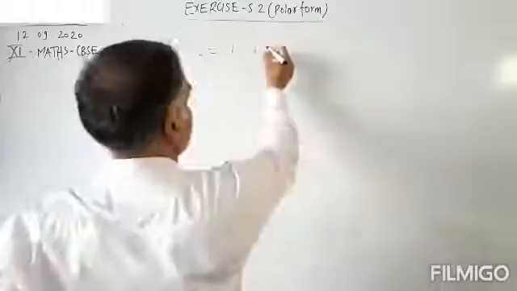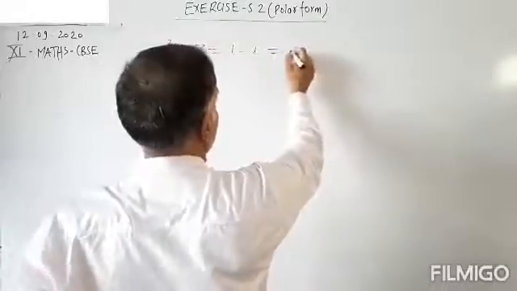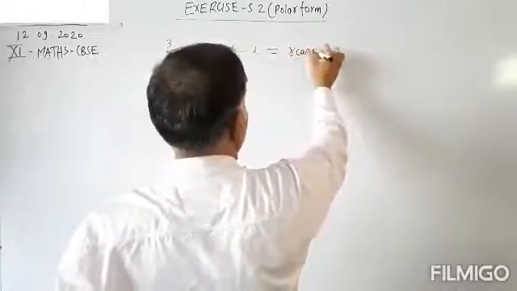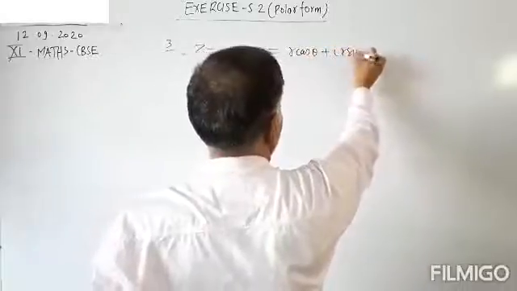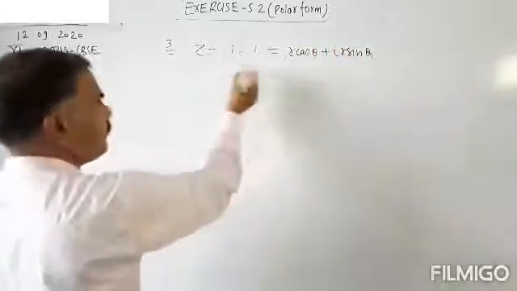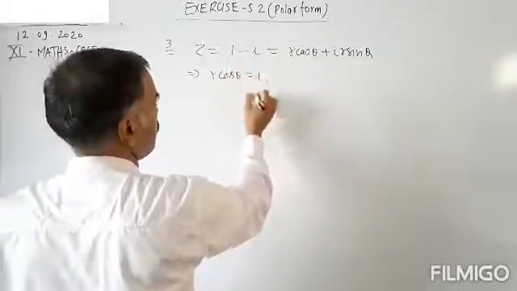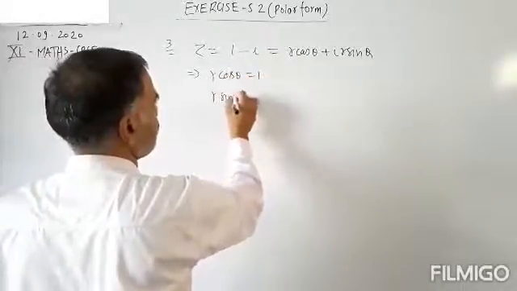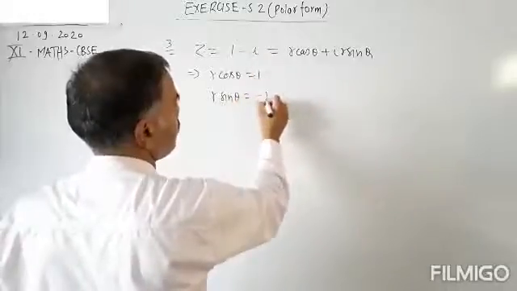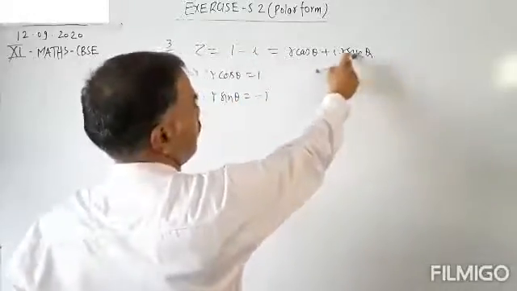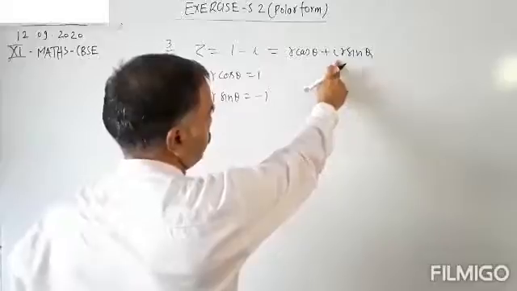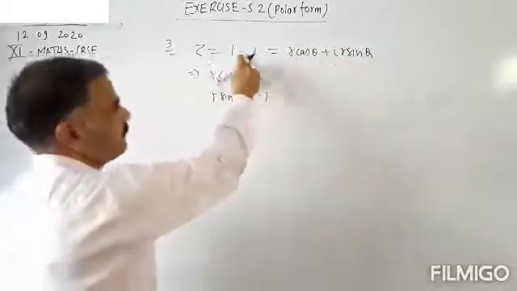This equals r cos theta plus iota r sin theta. Now comparing, we have r cos theta equals 1 and r sin theta equals minus 1, since the coefficient of iota is minus 1.